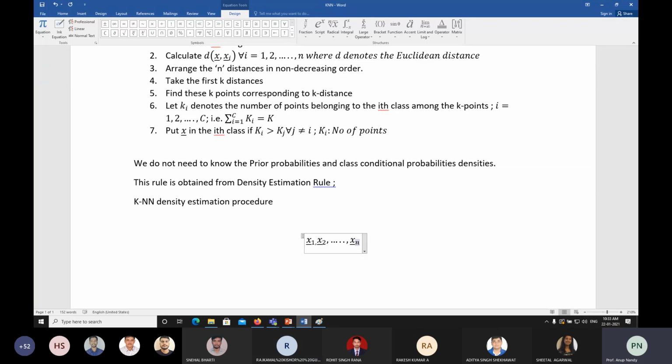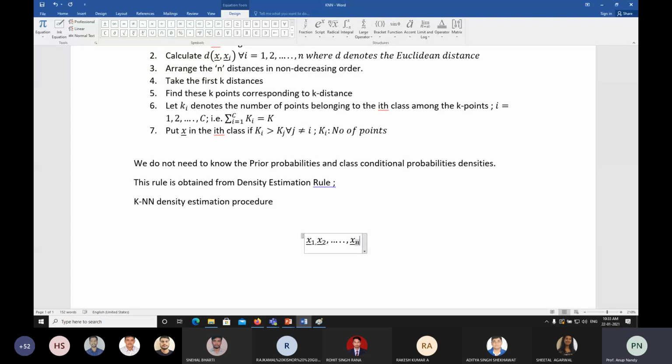You have independent and identically distributed random variables, or they can be vectors.